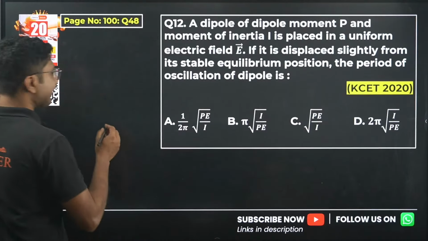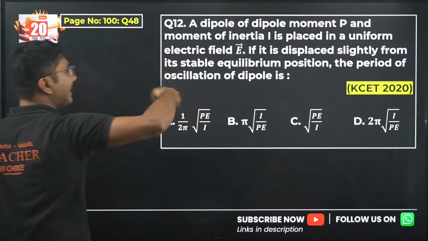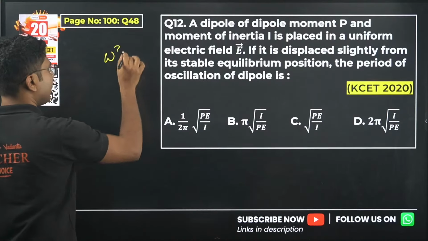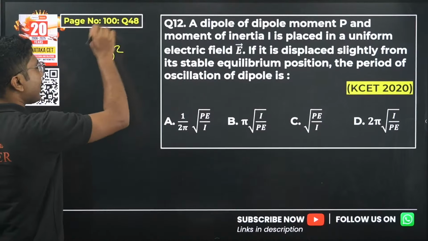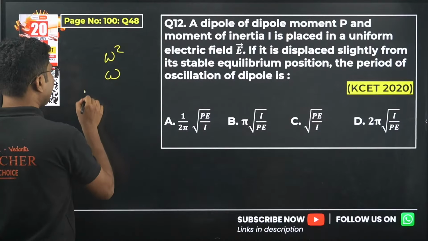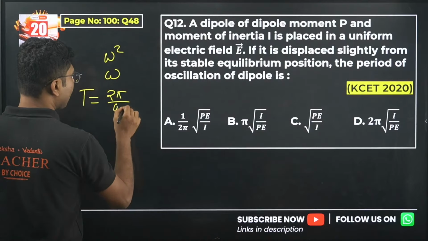So the guess is, first of all, from the given data you will calculate the omega square value. From there you will take the square root of that and you will get the omega value. And time period is given by 2 pi divided by omega.